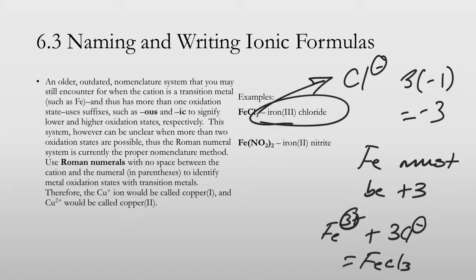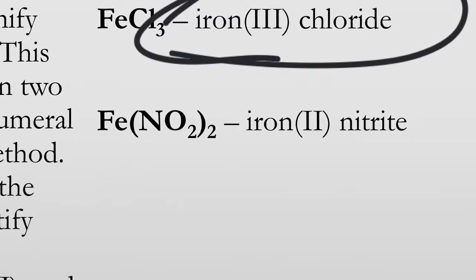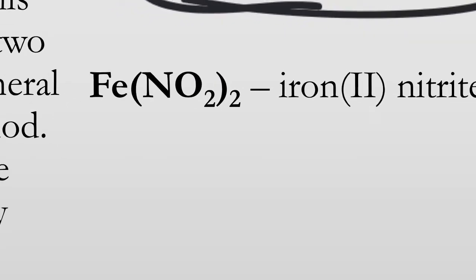Now for the second compound there, we have iron again and NO2, and you can see here there are 2 nitrites, sorry, not nitrates, nitrites, because that second 2 comes after parentheses.